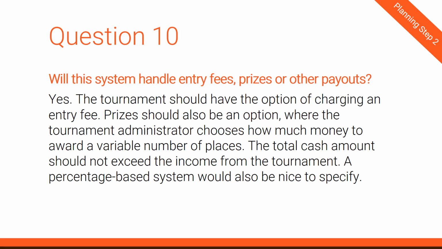But if the tournament takes in $50, first place gets $25. That way, it's dependent on how the tournament does. Because again, remember, these tournaments, in theory, could be less than full. So in a 16-player tournament, we may only have 10 players, which means that we have 6 people not paying.